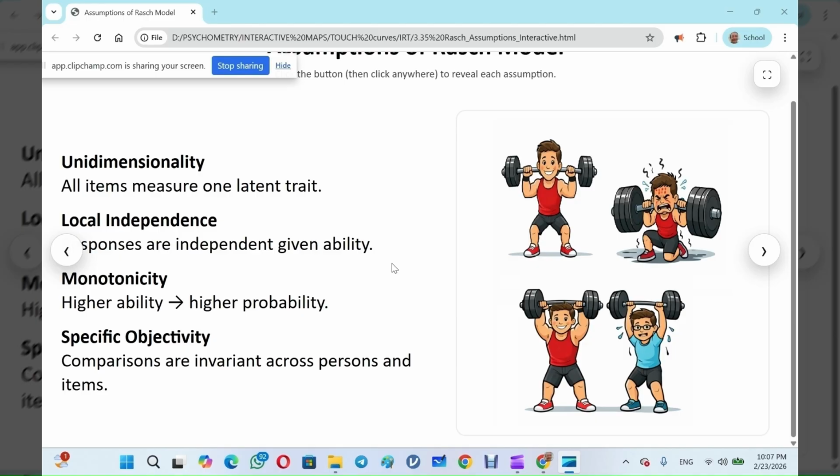And this enables us to have the common ruler of difficulty and the common ruler of ability that we spoke about in the earlier slides. So that's pretty much the benefit of the Rasch model, the comparability across tests.